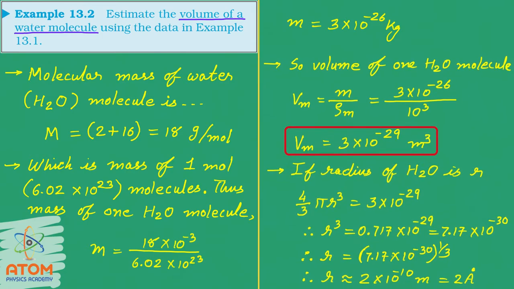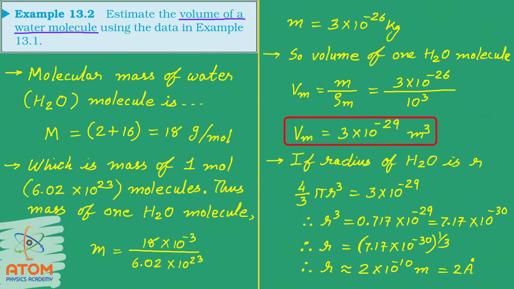So this is the radius of an H2O molecule. Though it is not asked in this numerical, this value will be useful for the next numerical. The radius of an H2O molecule is 2 angstrom.